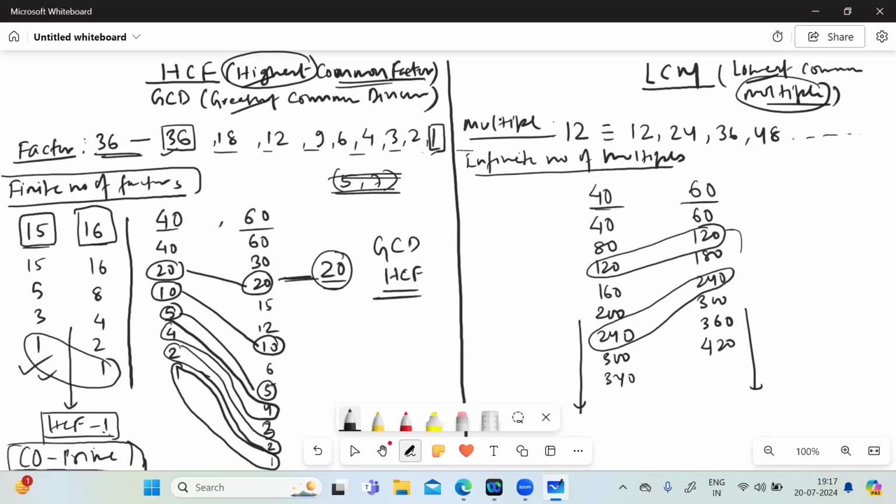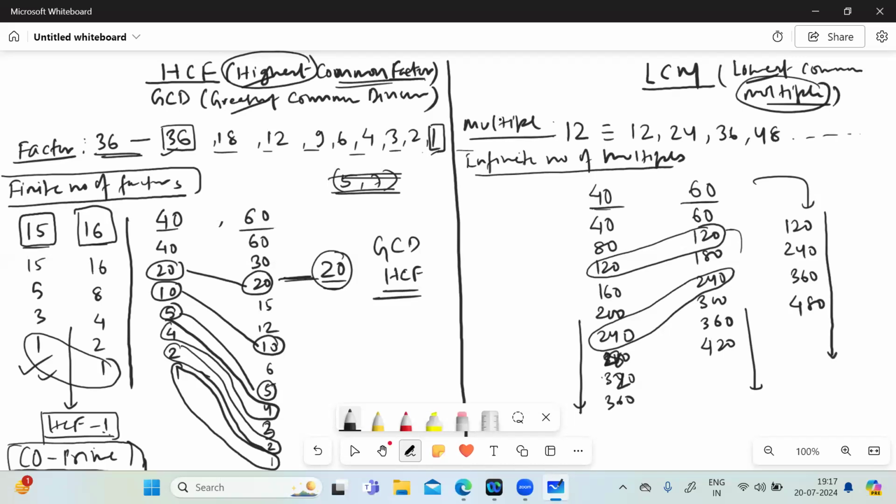So all the common multiples of these two are 120, 240, 360, 480, and like this. So again, we will have an infinite number of common multiples.